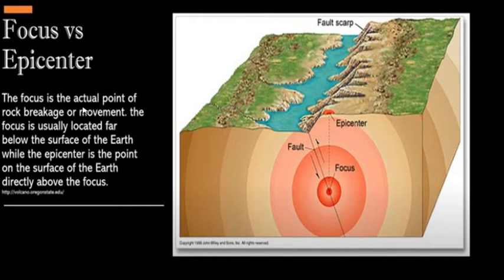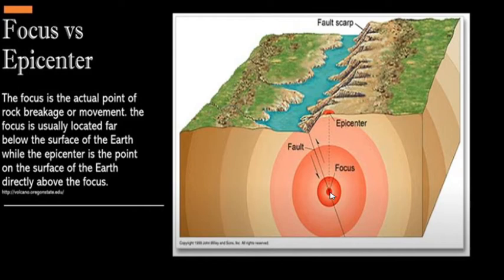The focus is the actual point of rock breakage or movement. The focus is usually located far below the surface of the earth, while the epicenter is the point on the surface of the earth directly above the focus. Dito po sa picture, napapansin niyo po, doon po sa below the surface of the earth, dito po yung focus, dito po nagsisimula yung earthquake.